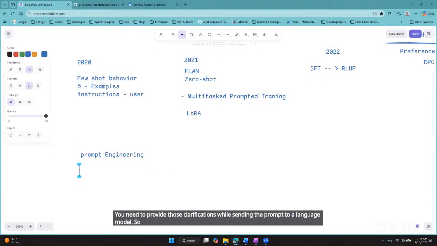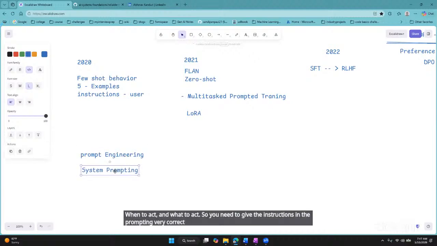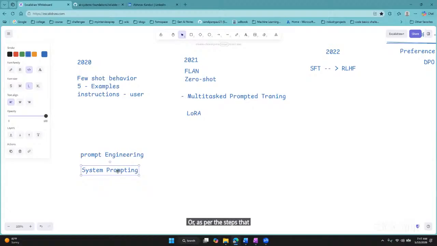The system prompt behaves based on the user message, and the assistant will behave on when to act and what to act. So you need to give the instructions in the prompt very correctly, so that the system prompt will understand and take over the instructions as per the required need, or as per the steps it has to execute one after the other.